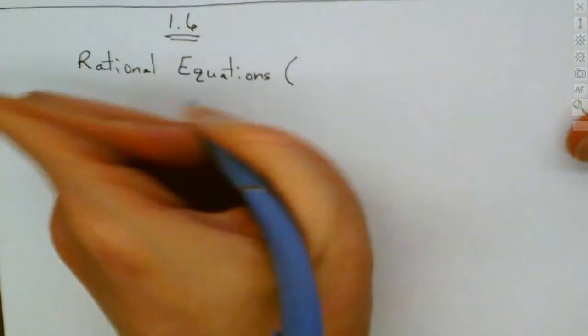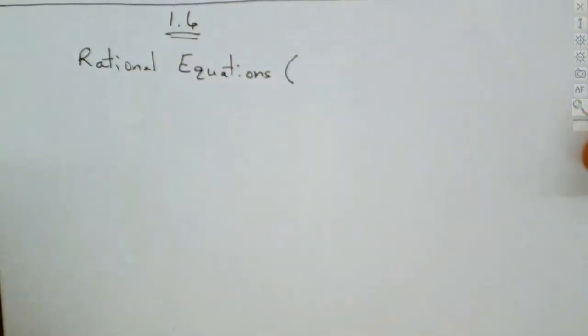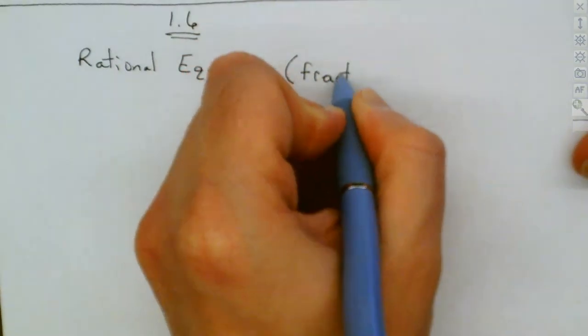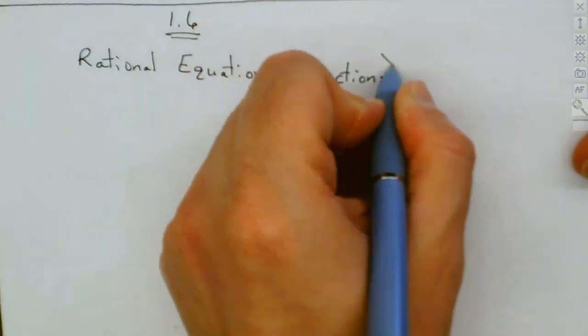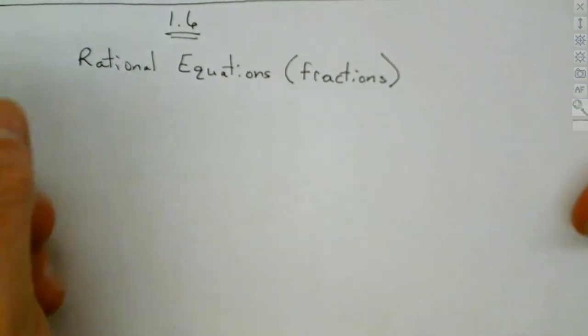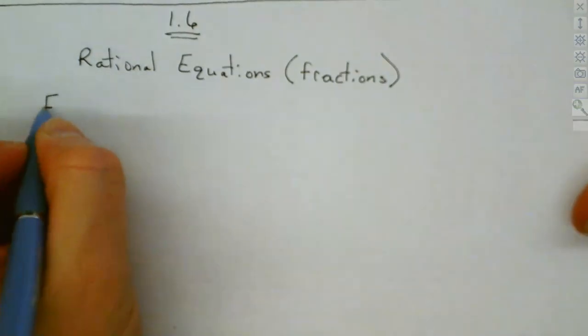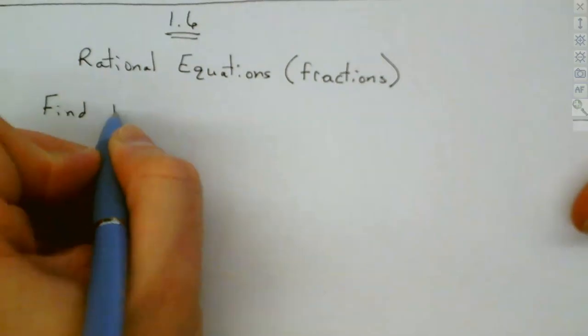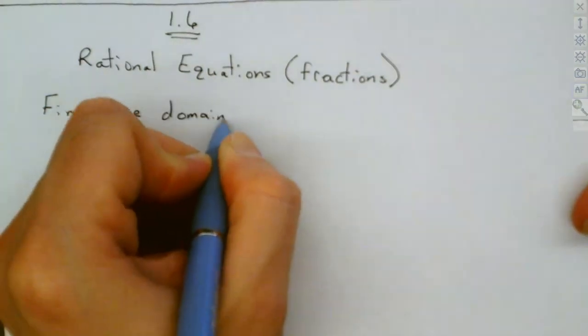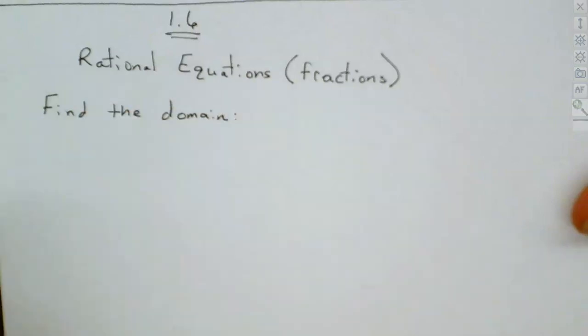And just so we know the terminology, when I say rational equations, we're talking about fractions. And the first step is going to be find the domain. On all of these, the first thing that we always do is find the domain. The domain is your possible values of x.